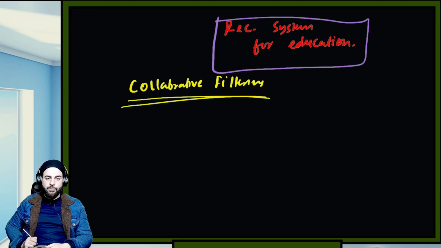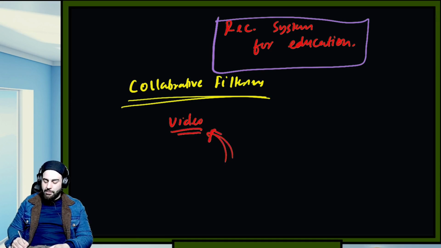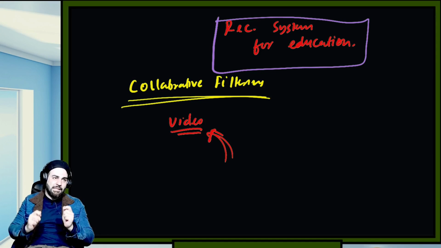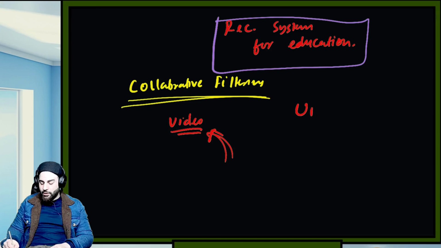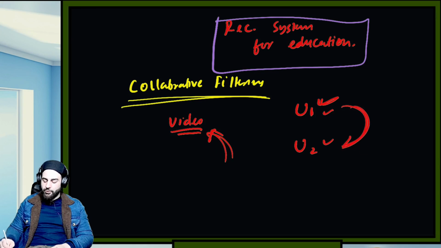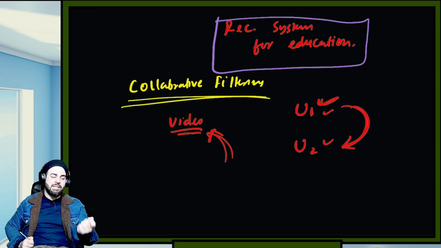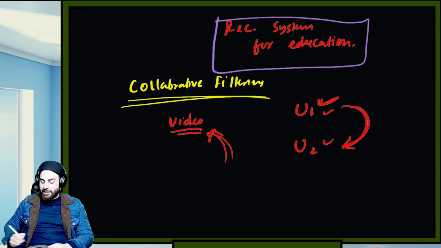If you see YouTube, let's say, if you like a video, or maybe you spend a lot of time on that video, YouTube will start recommending similar videos like that, which are closer to that. Let's suppose you have user 1 and user 2, and these two users are quite similar. So whatever user 1 saw, they'll recommend to user 2 the same thing also, because there is a high probability that, since user 1 and user 2 are quite similar, and the similarity is calculated, they'll recommend this also.